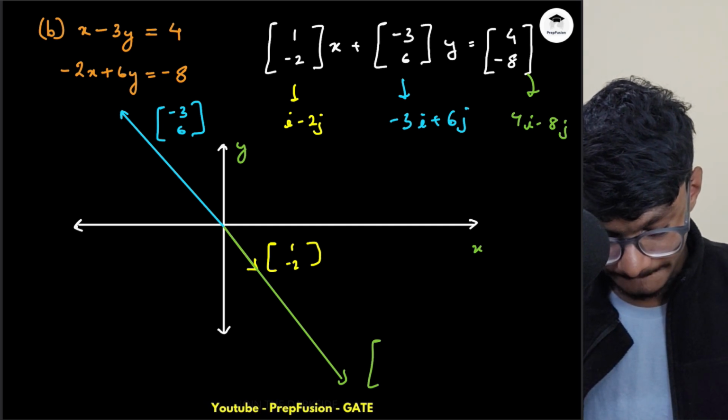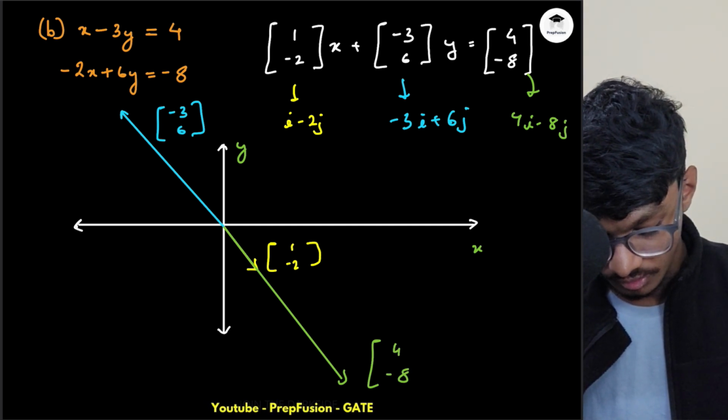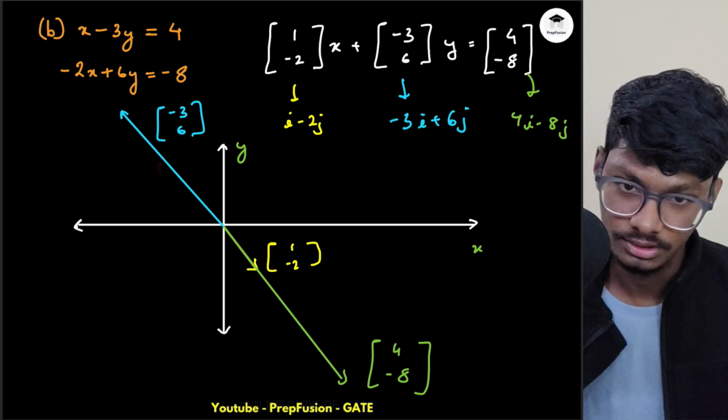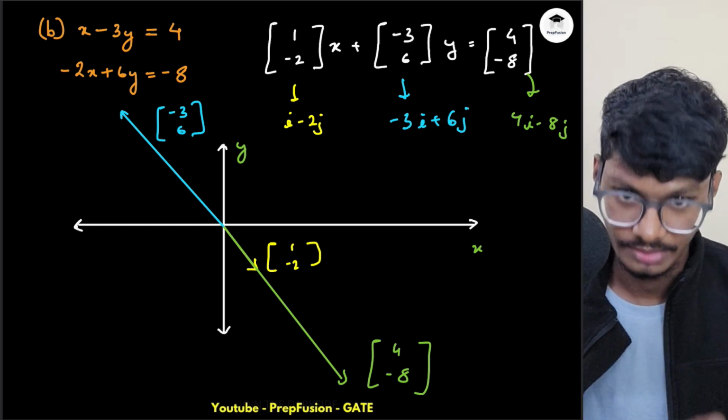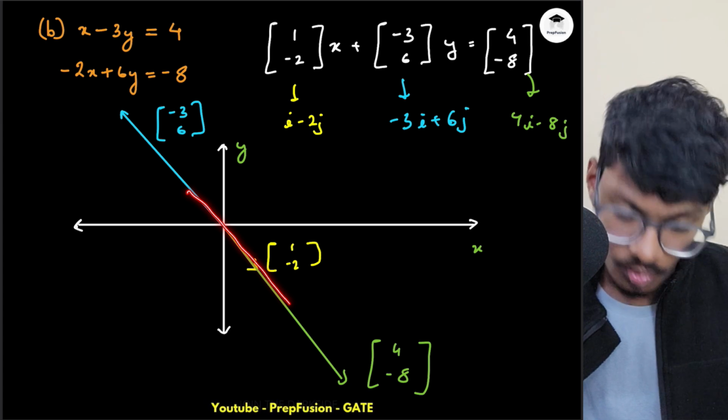So this is 4 comma minus 8. Here what we see is these two are doing the same thing only, and any combination will satisfy.